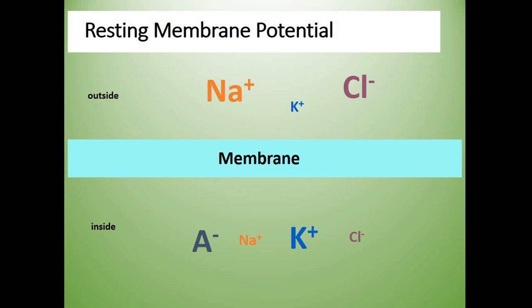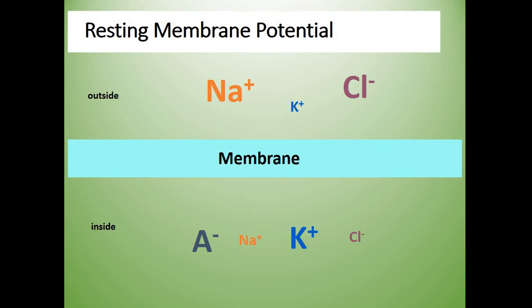The reason is the membrane is permeable to potassium ions while it is semi-permeable to sodium ions, which means that it blocks the entry of sodium ions and permits the entry of potassium ions.